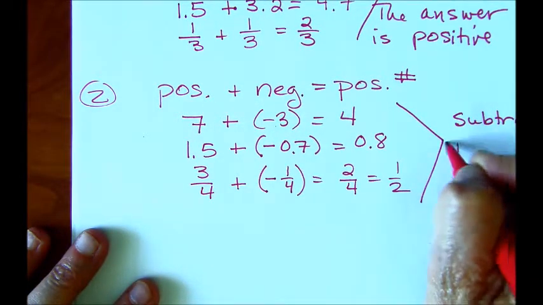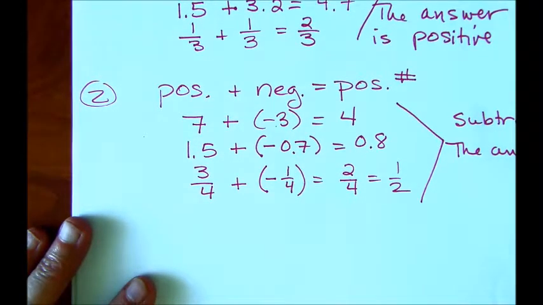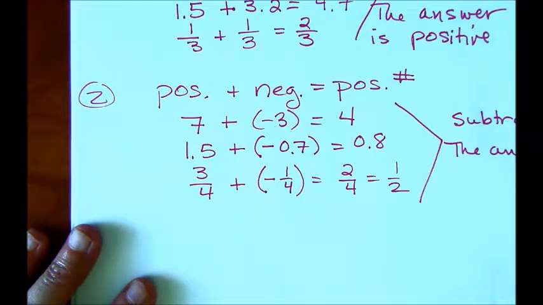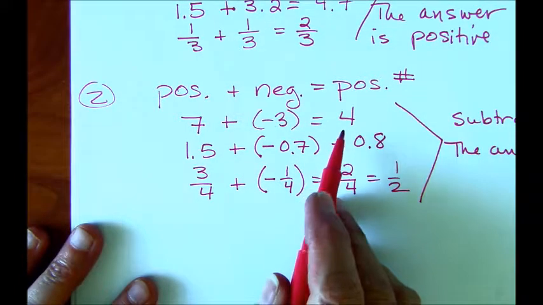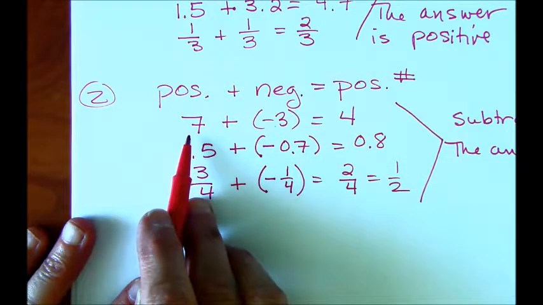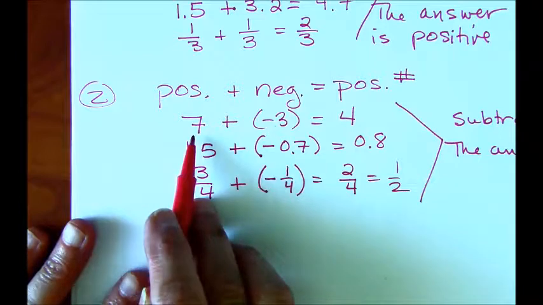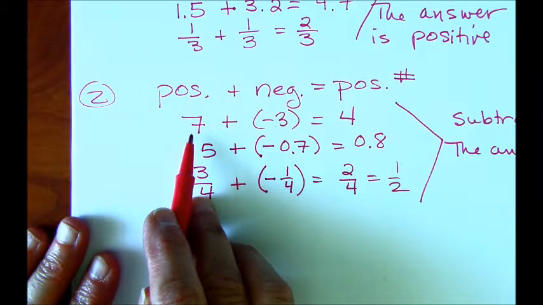Now the answer is going to take the sign of the larger number. So for instance, notice this 4 is a positive 4 because the larger number out of 7 or 3, 7 is a larger number, and it's a positive.